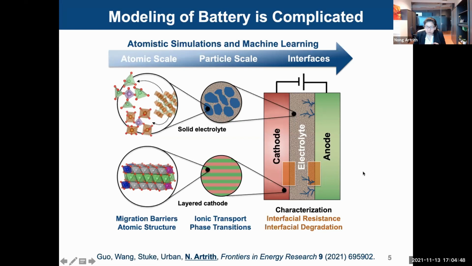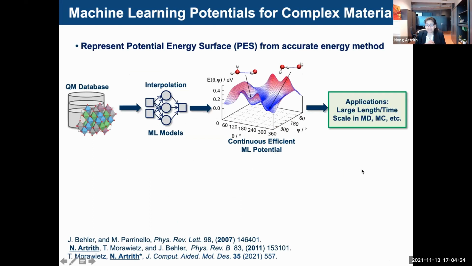Before we look at some examples of those complex energy materials, I would like to briefly discuss the methods that we use, at a very high level. So, machine learning potentials for complex materials. We find an accurate model to represent the potential energy surface, or PES, from very accurate energy methods, for example quantum chemistry or quantum mechanics methods.